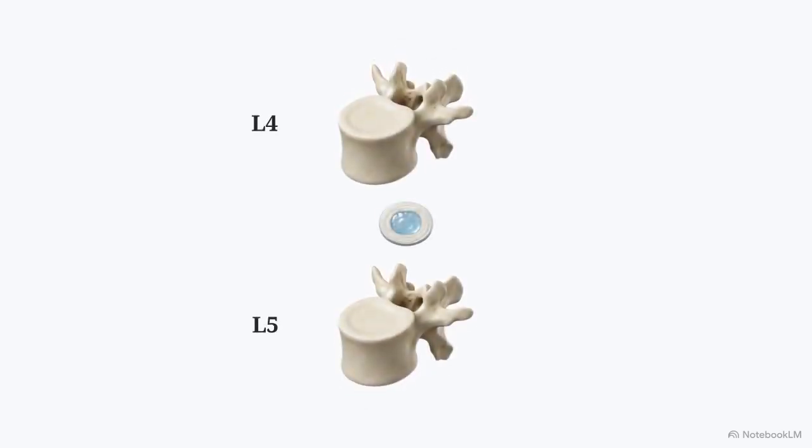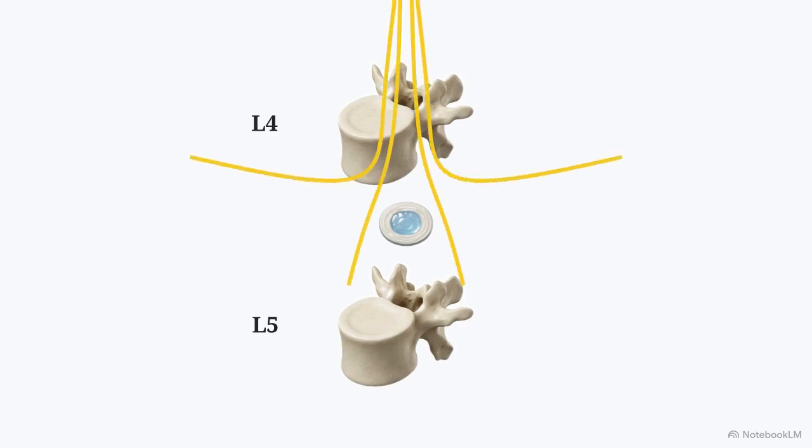To understand the resulting pain, look at the precise spatial geometry of the lower lumbar spine. Lumbar nerve roots do not exit horizontally, they descend obliquely within the subarachnoid space. The L4 nerve exits through its foramen, but the L5 nerve root continues to descend past the disc space between L4 and L5. When a disc herniates posterolaterally at the L4-L5 level, it creates a highly predictable collision.